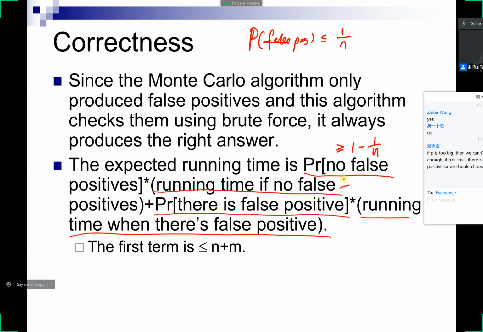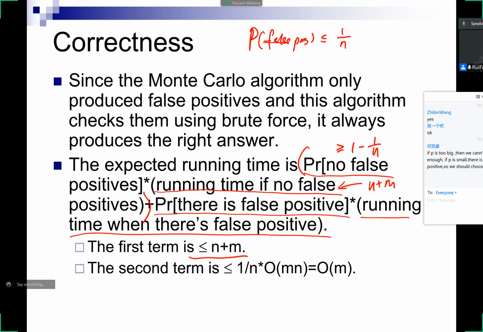And this running time when you do not have a false positive is going to be order m plus n. So if you take the product of these two things, the first term is at most m plus n. And the second term, your false positive probability is at most 1 divided by n, and if there is a false positive, you might have to do this brute force thing, which is going to take you m times n time.